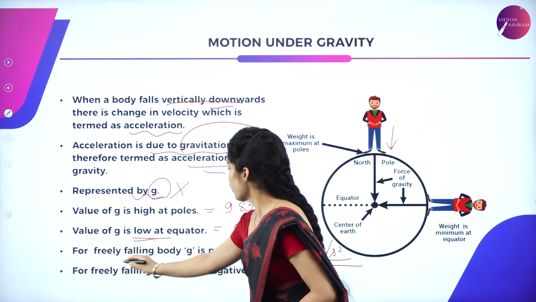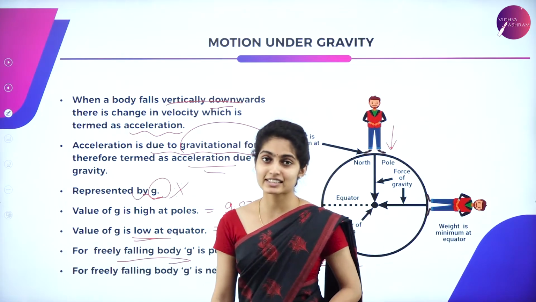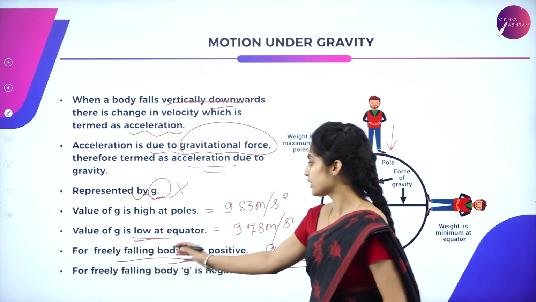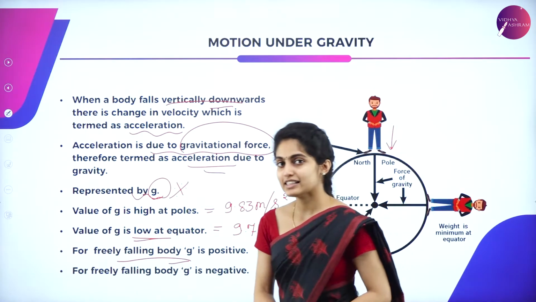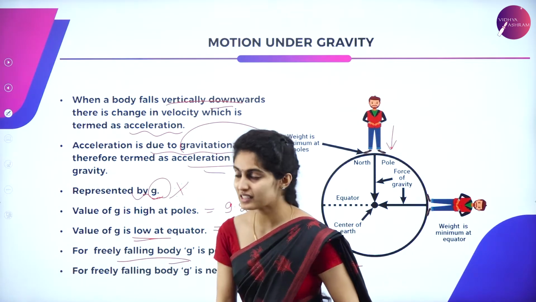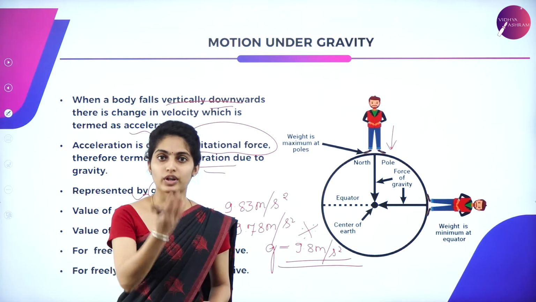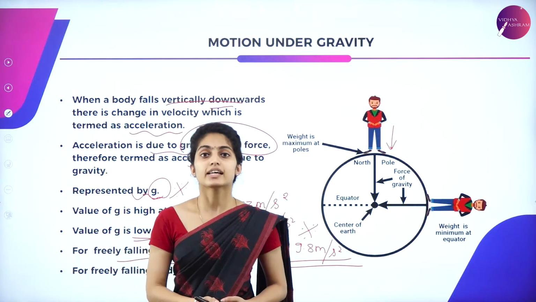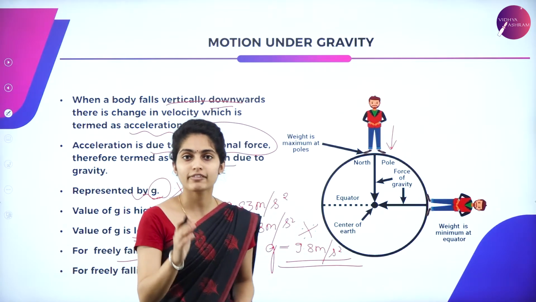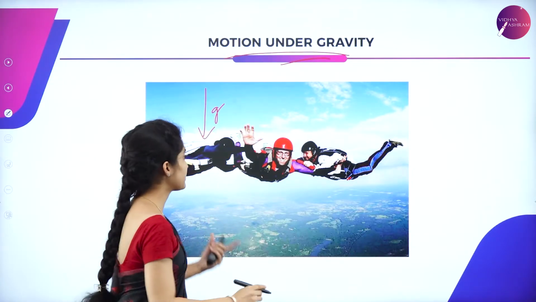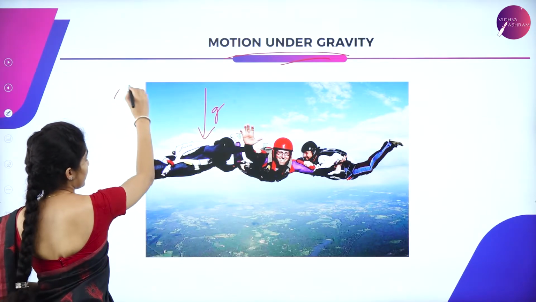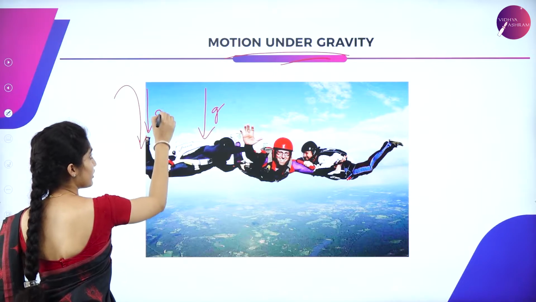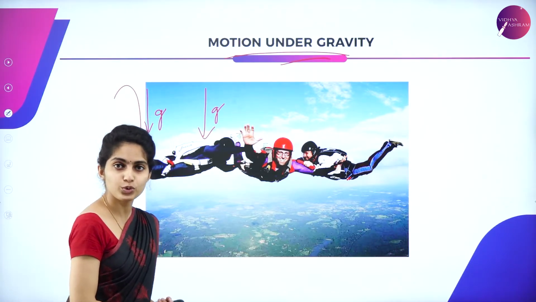For a freely falling body, the acceleration due to gravity is positive, and for a body which is thrown upwards, that is against the acceleration due to gravity, it is negative. So you all got to know how exactly it is. Coming to the previous slide, when the object is thrown downwards, from up to down, it is acting along the acceleration due to gravity.